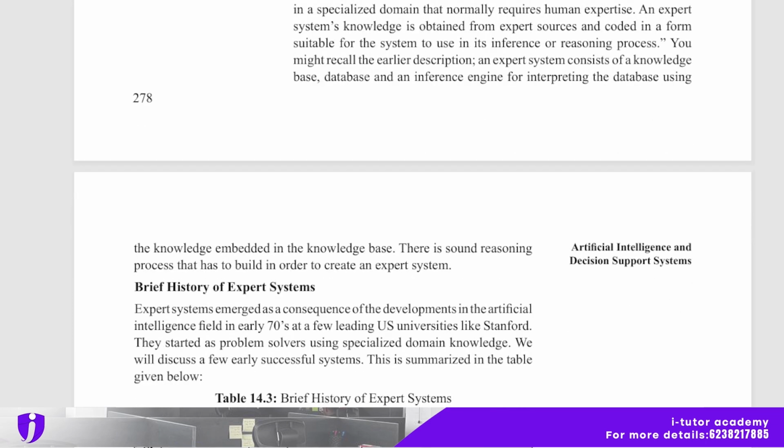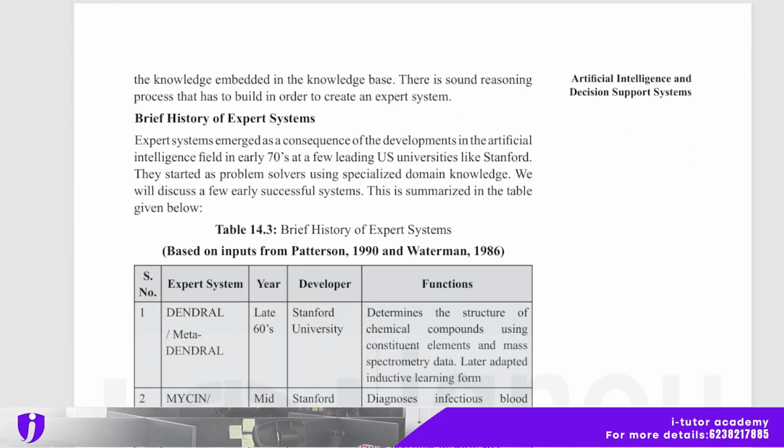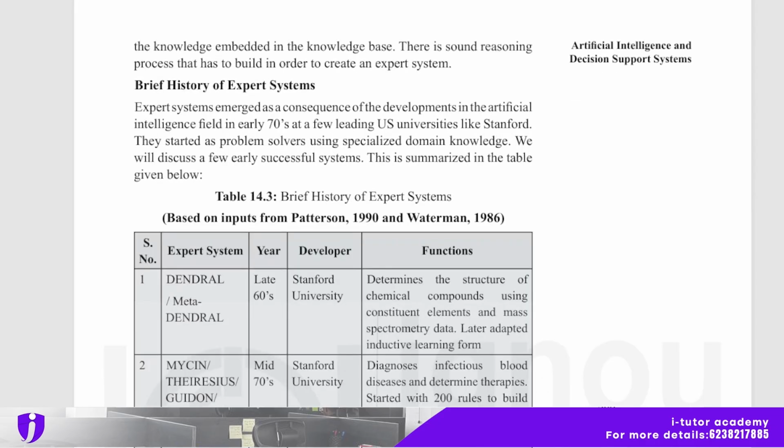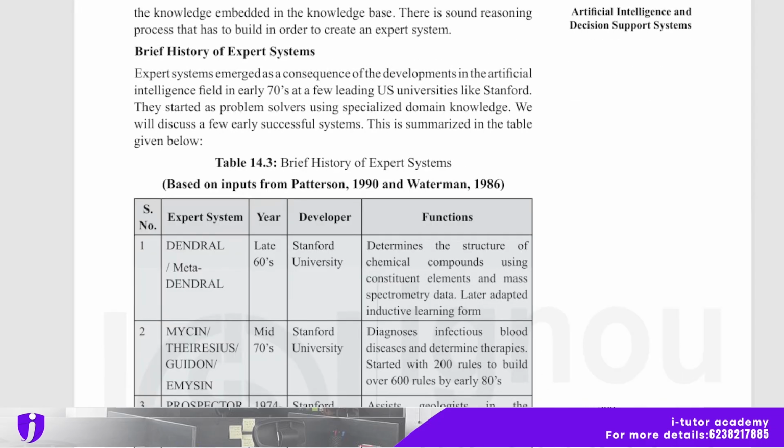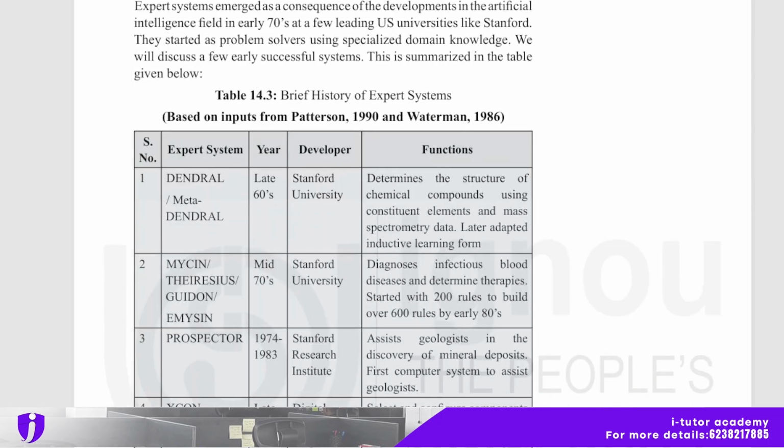A brief history of expert systems is here. So in expert systems, there is DENDRAL and Meta-DENDRAL. It's in the late 60s, and the developer is Stanford University. The function is also mentioned here, so please refer to this Table 14.3, brief history of expert systems. And MYCIN in the mid 70s, and that's also Stanford University.